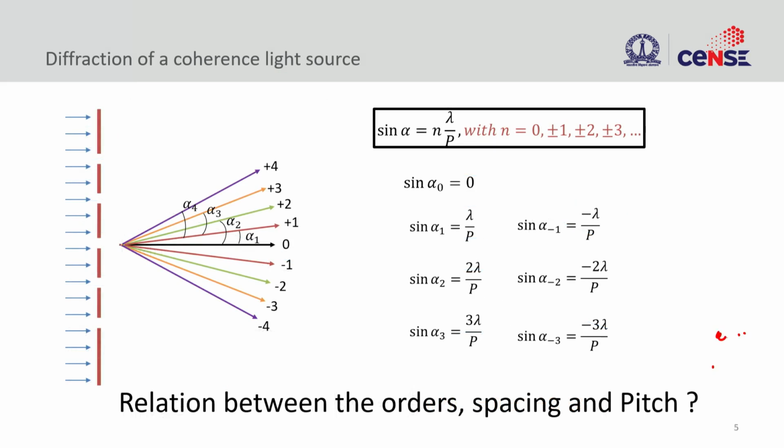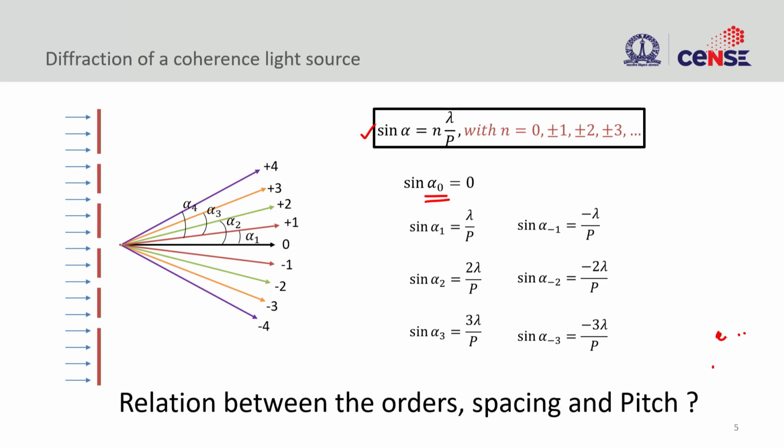Now we are going to look at how this angle evolves. This is something that we already saw, sin alpha, the diffraction angle, depends on lambda over p, and n is the integer. So, let us start putting this integer into the equation here. When n is equal to 0, alpha is 0.